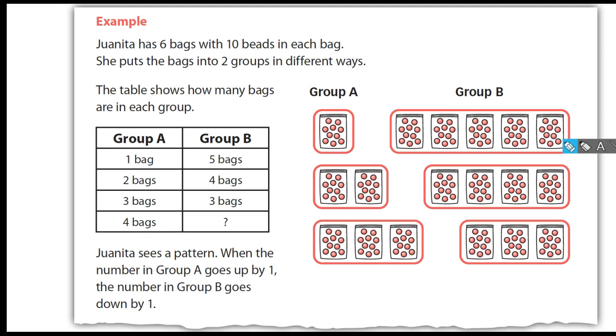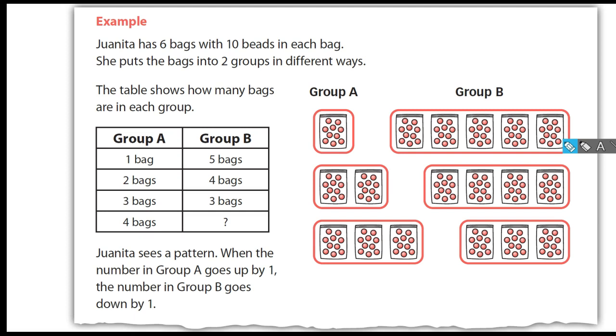How do we get this? So 6 bags with 10 beads each. All right. So 1, 2, 3, 4, 5, 6. So group A, 1 bag, 2 bags, then 3 bags, and 4 bags. Okay.